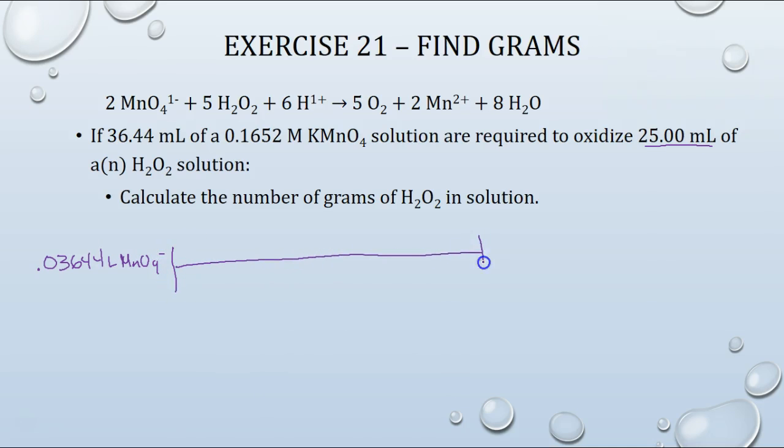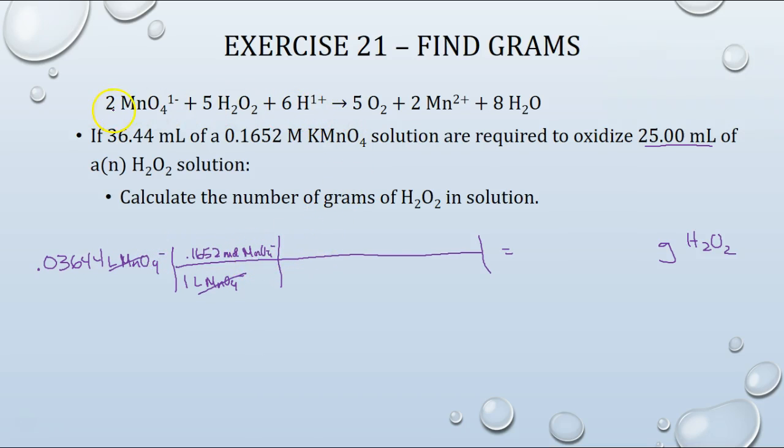And I'm going to go to grams of H2O2. That's what I'm looking for. So the first thing I do is 1 liter of the permanganate solution in 0.1652 moles of the permanganate solution. Okay, so now permanganate liters are gone and I have moles of permanganate.